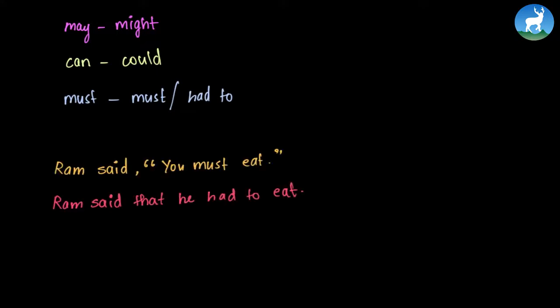This sentence can be changed to indirect form by saying that Ram said that he had to eat, or we can also say Ram said that he must eat. We are assuming that Ram is a boy, and we write he here. We are changing must to had to or must itself.